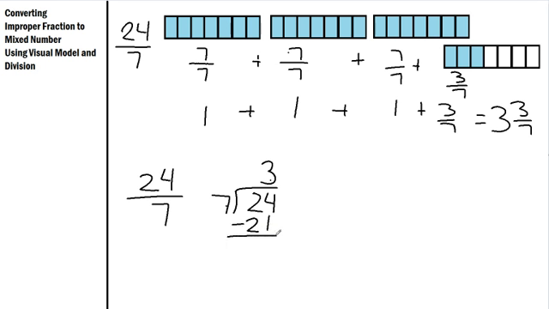We subtract that and we get 3 left over. We turn this into a numerator, this into a denominator. So our answer is 3 and 3 sevenths. So sometimes if you're good at division, you can just turn it into a division problem, and then you get your answer for converting an improper fraction to a mixed number.